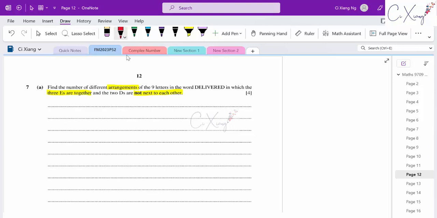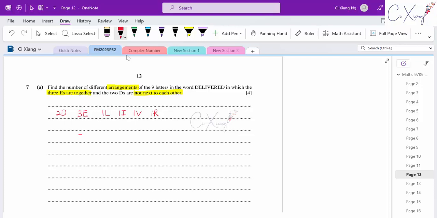First of all, I would like to list out all the letters I have. For the word DELIVERED, I'm having 2 D's, then I have 3 E's, 1 L, 1 I, 1 V, and also 1 R. These are the letters that I have. According to the restriction given here, they want us to have all the E's together.